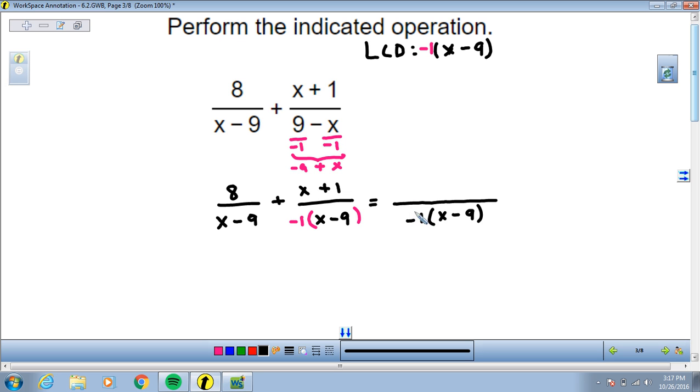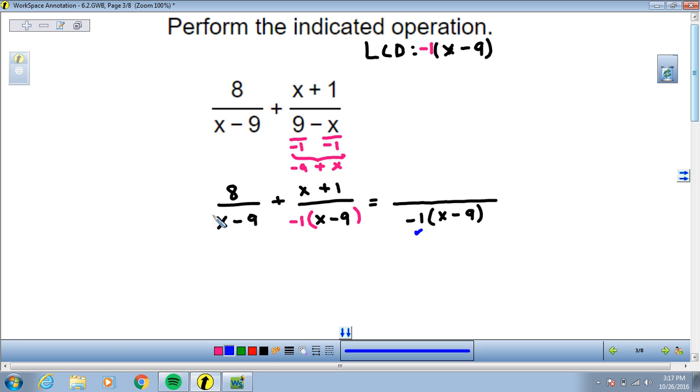Okay, so what do we have to do to make them have the same denominator? This is the next part of the rule. You need to make sure that, for example, x minus 9, this denominator is exactly the same as my least common denominator, which is negative 1 times x minus 9. So to have the least common denominator on this fraction, what are we missing? We are missing the negative 1, right?